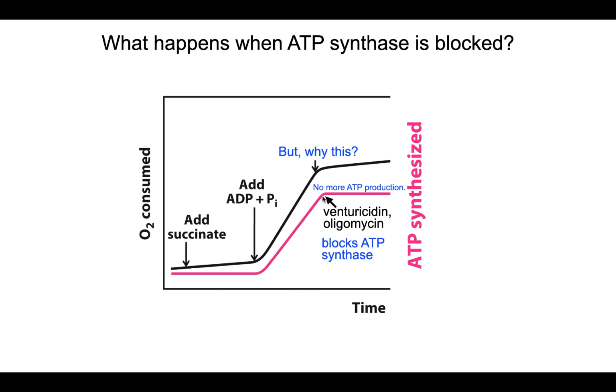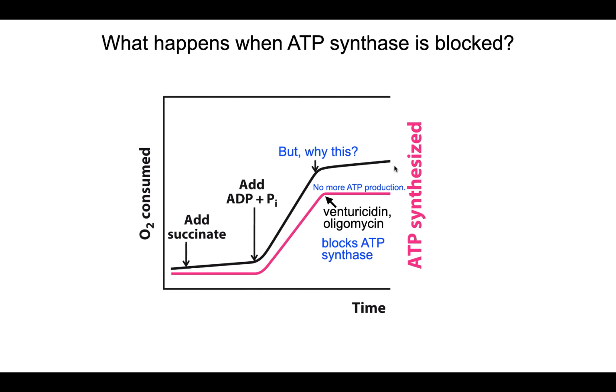But at this time point here, when we add venturicidin and oligomycin, these are both drugs that block ATP synthase. So yes, if you block ATP synthase, sure enough, you won't make ATP, and therefore that levels out. But take a look at this. The consumption of oxygen also levels out.